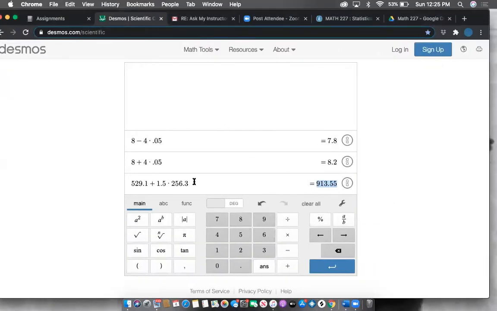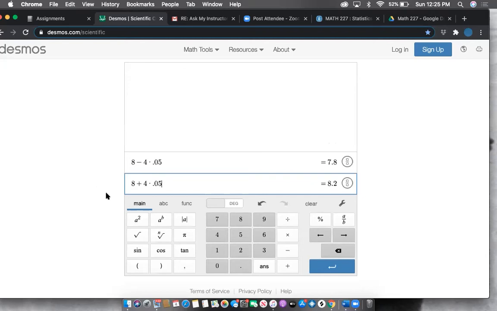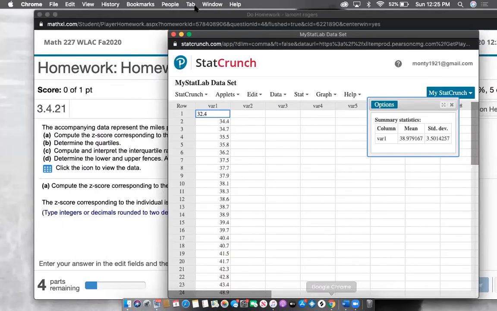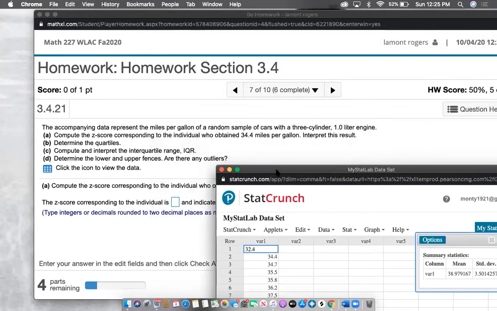The problem with going to Desmos for you is that for some reason everything is on different desktops. Go back to the other one. Let me first delete all that. 34.4, right, 34.4.